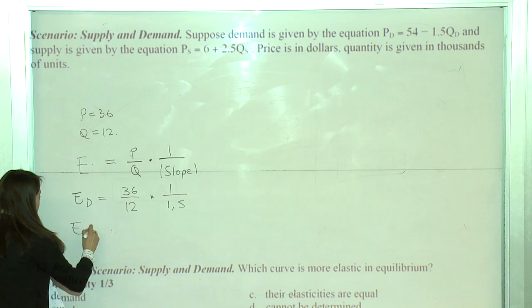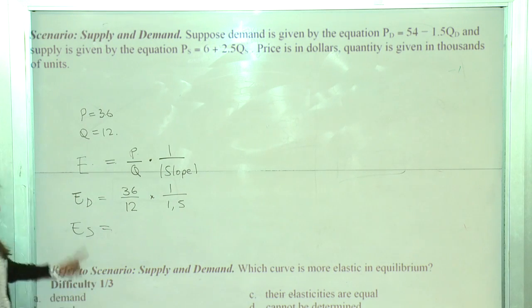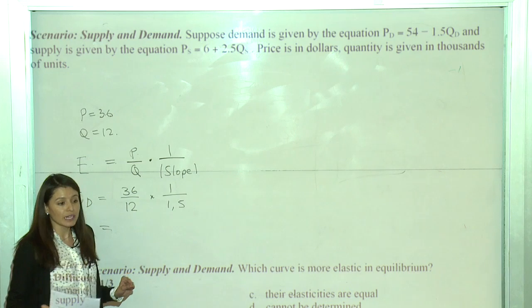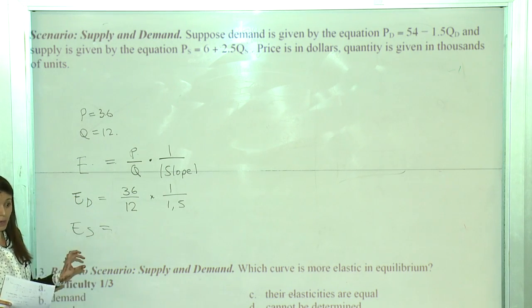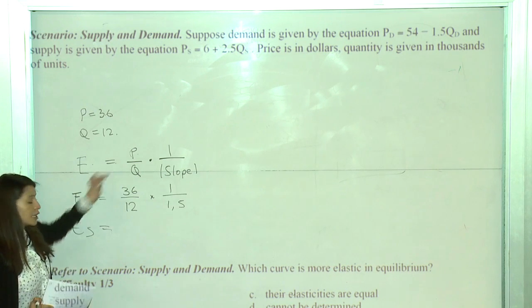And the point elasticity of supply, because this is asking me which curve is more elastic in equilibrium, that's why I use the point elasticity, okay? Because it's at that specific point, the equilibrium point.